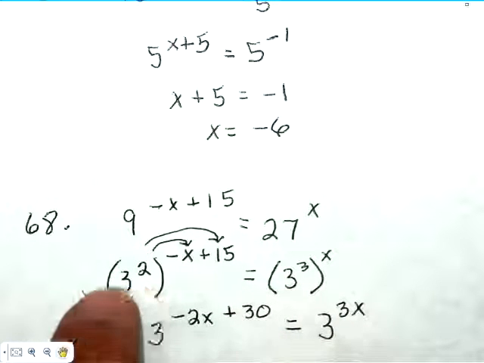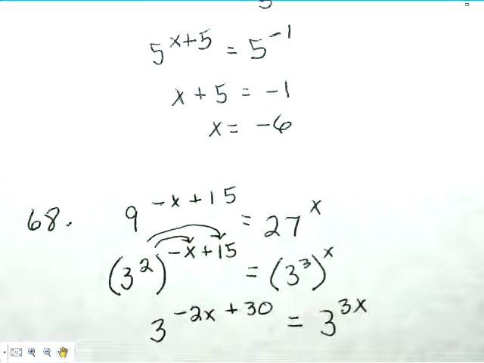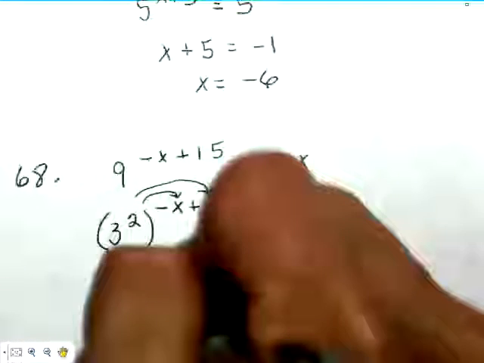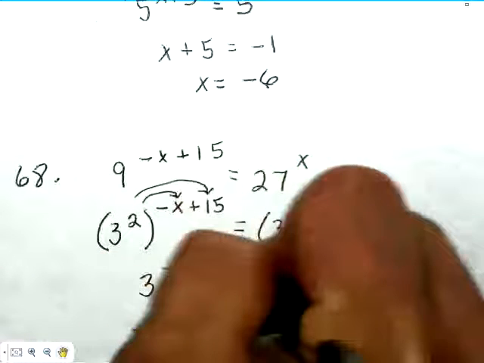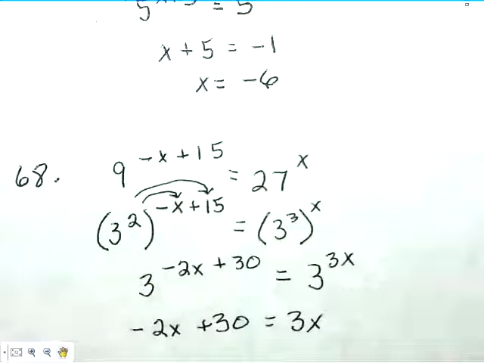This was still base 9, this was still base 27, but now they're both base 3. Now I can take the bases off and say negative 2x plus 30 has to be the same thing as 3x, and solve that equation.